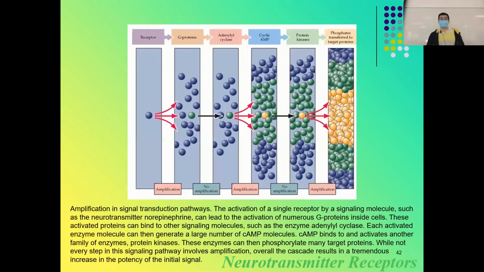One of the important aspects of the secondary messengers is that they can magnify the signal transduction. You can see the integration of different molecules, for example, from the receptors to the G protein, to the cyclic AMP and protein kinase, all the way down, and that can amplify the signal. That's the reason why the secondary messenger is more powerful.